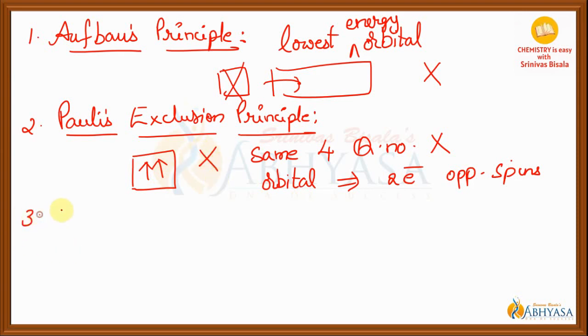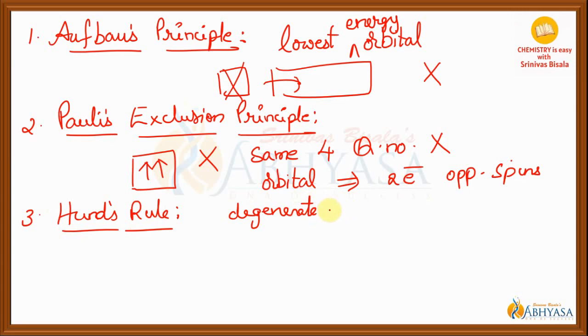Then the third rule, that is the Hund's rule. And according to this rule, whenever degenerate orbitals are available, pairing of electrons takes place only when all the orbitals are filled with one electron each.